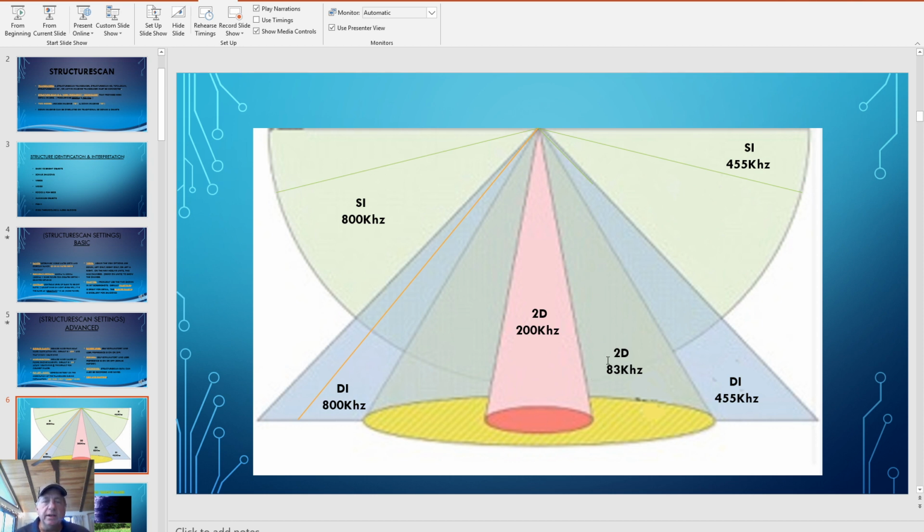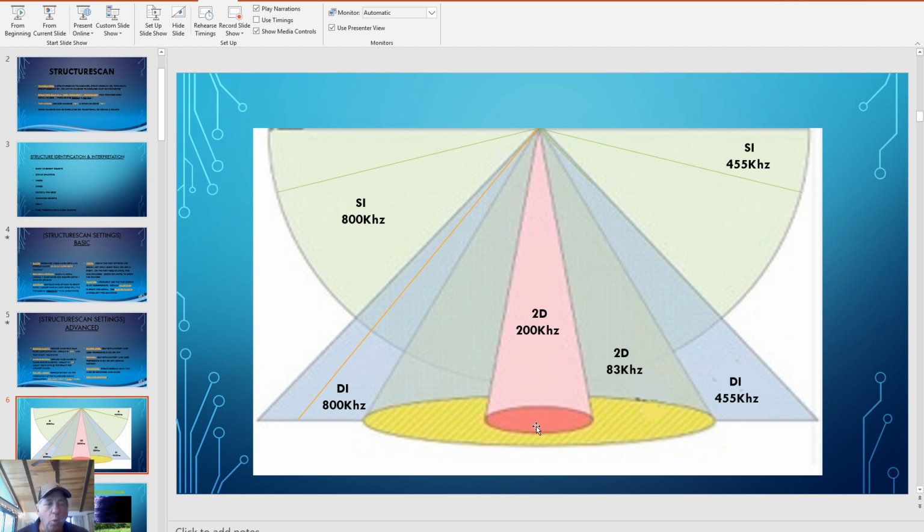Looking at 2D, switching to 83 kilohertz, your cone angle increases, and so does your coverage area along the bottom. So the way I explain that is your frequency when it comes to cone angle and coverage area is inversely proportional. So the higher the frequency, the smaller the cone, the smaller the coverage area.